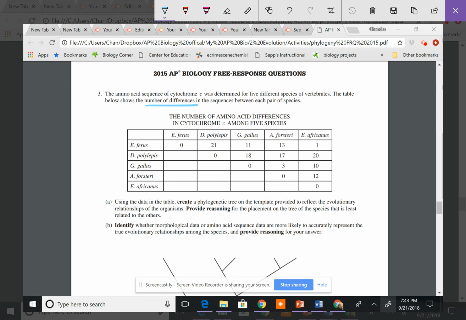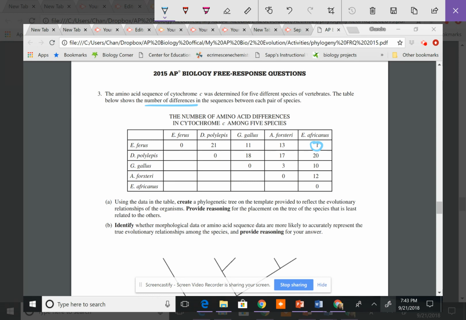That's how you're going to decide who ultimately is going to be our outlier. If you have fewer differences between 2 species, they're probably more related. So look for the smallest number. That would be my suggestion. Not 0, that doesn't count. The smallest number is this 1.